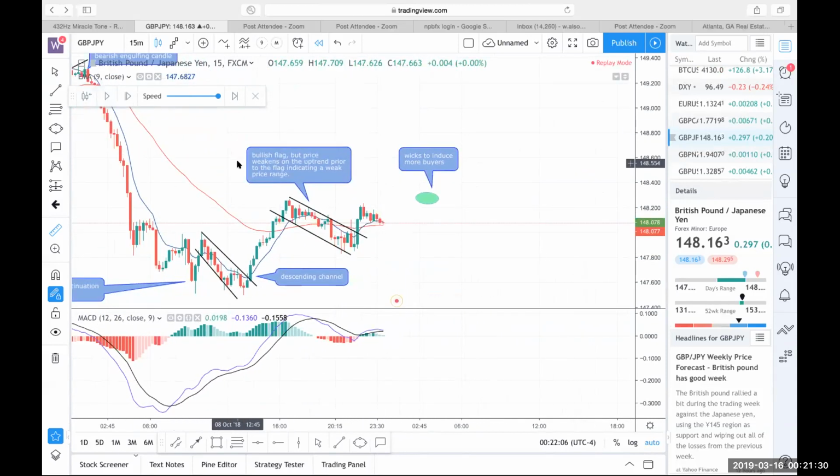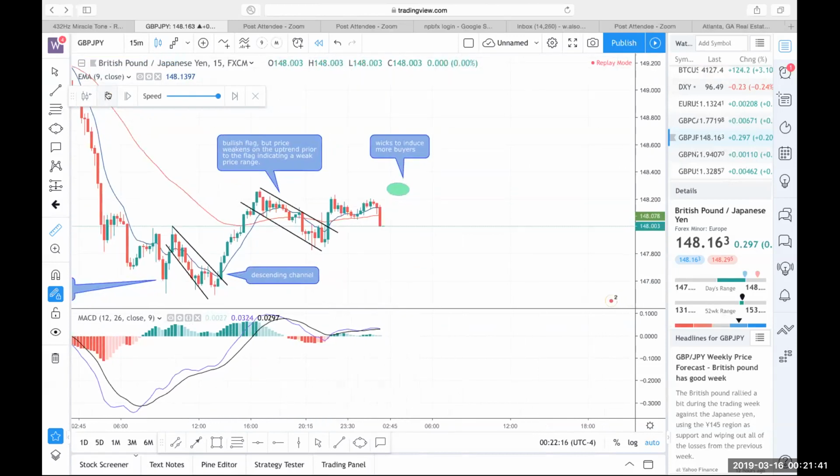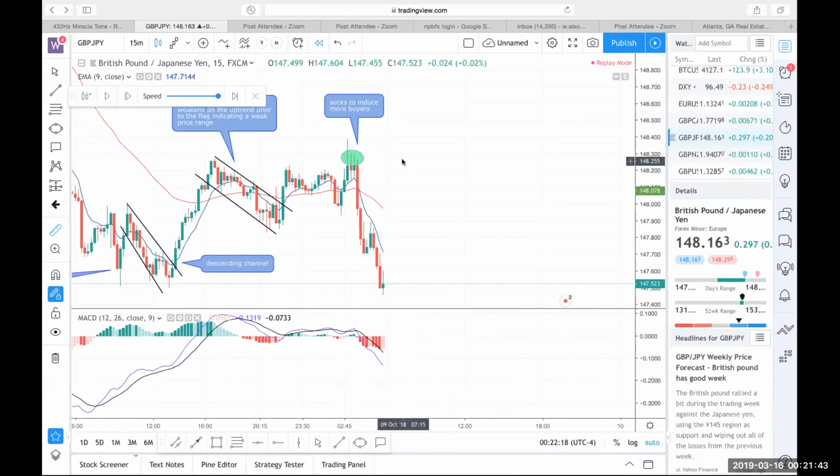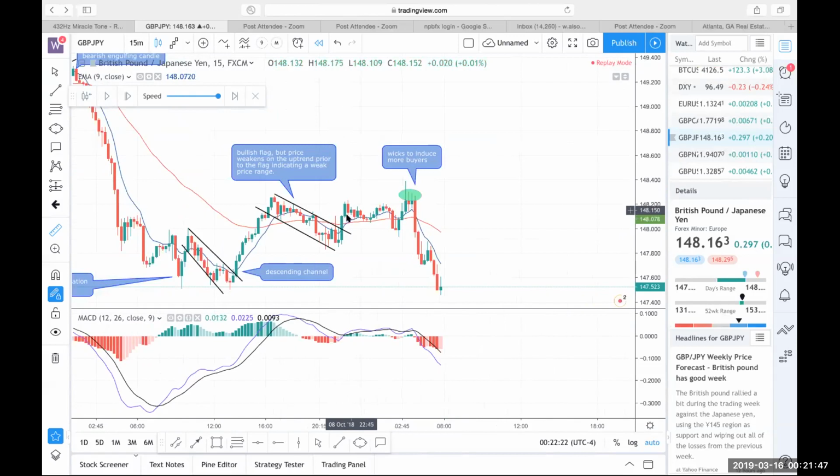Bullish flag, but price weakens on the uptrend prior to the flag, indicating weak price range. Watch this. You see that? So what this means, bullish flag, but price weakens on the uptrend prior to the flag, indicating a weak price range, I didn't get a strong continuation up.